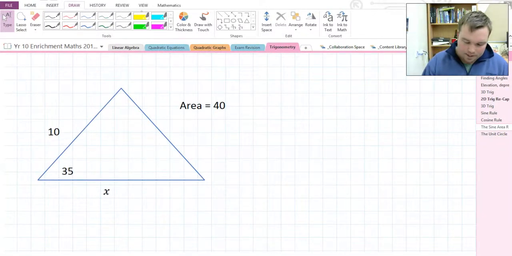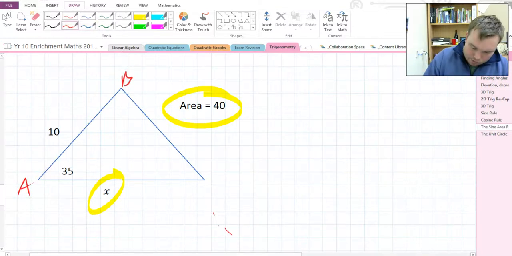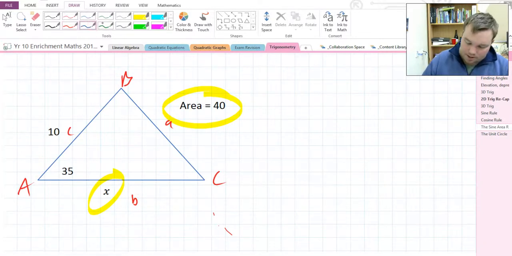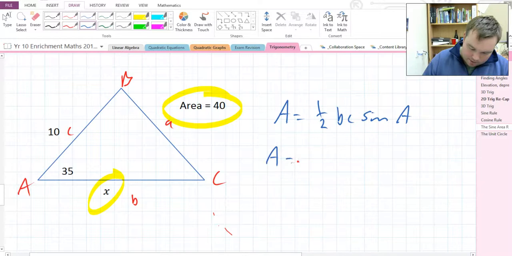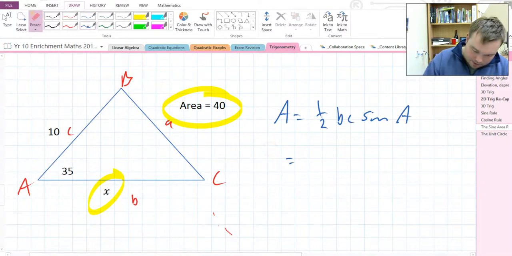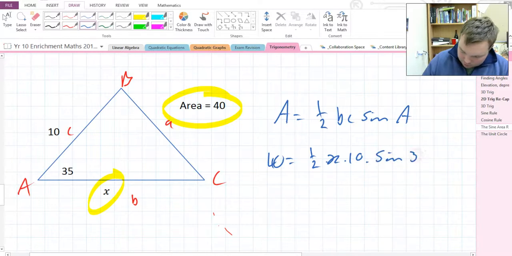Similarly here, we're given area and asked to find a side. We can label this A, B, C. If we know area and we want a side, we can say, well, area is equal to a half BC sine A. We know what area is, so 40 is equal to a half B, which is x, times C, which is 10, times sine 35.